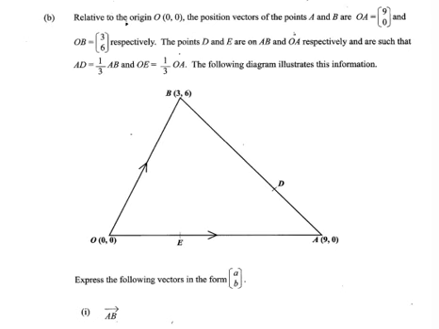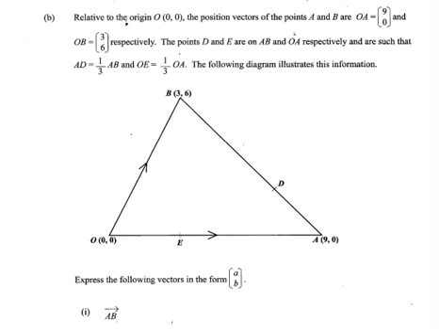The points D and E are on AB and OA respectively, and are such that AD is equal to 1/3 of AB and OE is equal to 1/3 of OA.